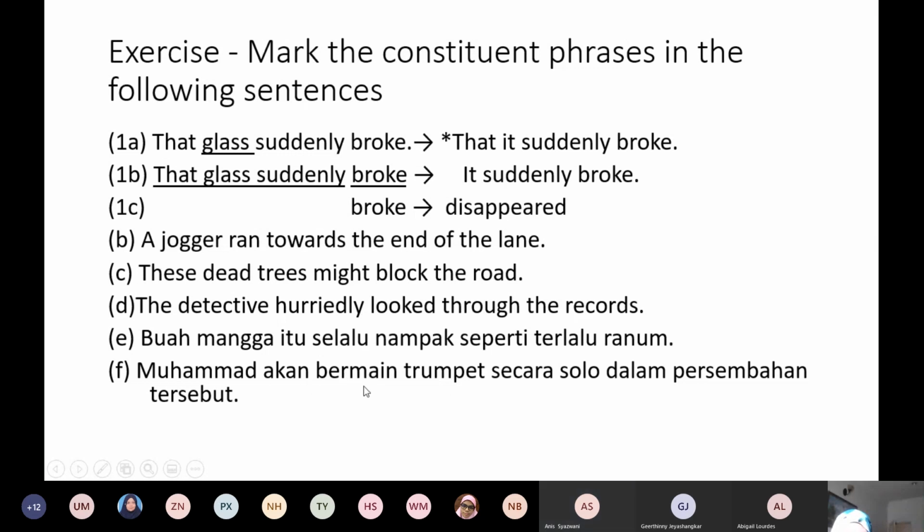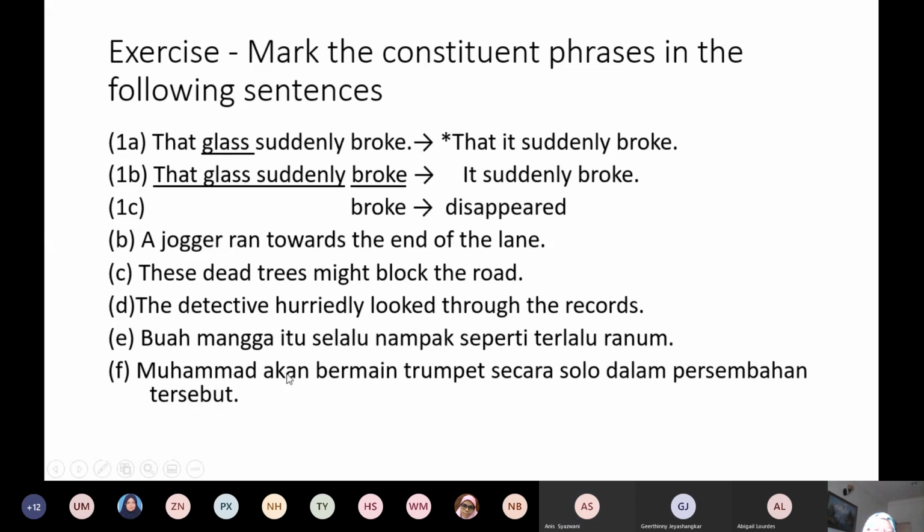Akan bermain mungkin lebih rapat satu konstituen, walaupun akan ni pun dia beza dari bermain. And then dalam persembahan pun sebenarnya banyak lah konstituen dalam ni kan. So Muhammad akan bermain trumpet, lepas tu secara solo dalam persembahan. Dalam persembahan tu pun dalam tu satu preposisi, and then persembahan tersebut ialah satu konstituen lagi, kata nama.